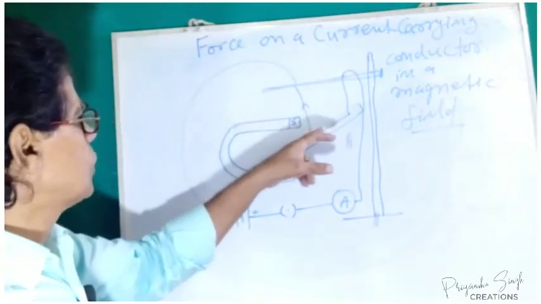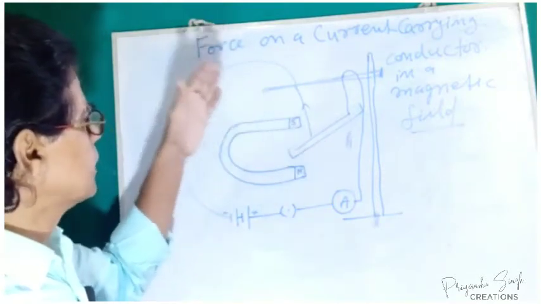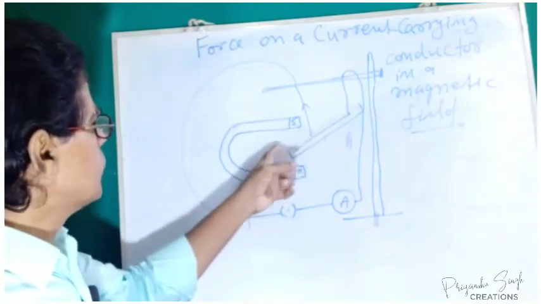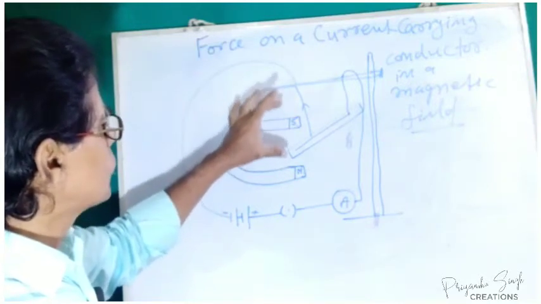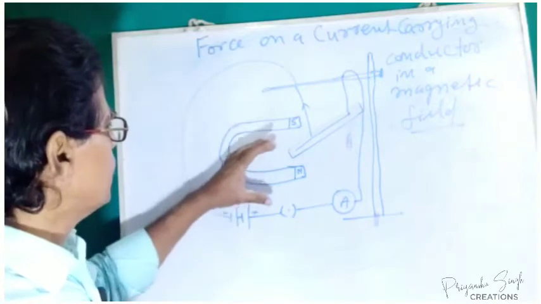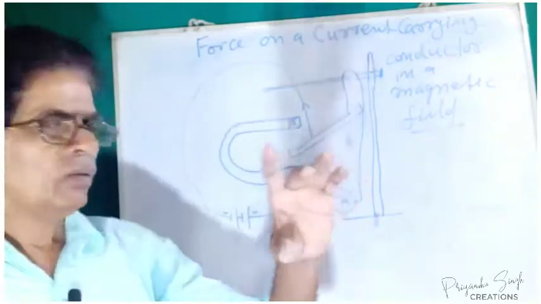Now this aluminum rod is suspended in such a way that the rod remains between the north and south pole of the U-shaped magnet, like this.